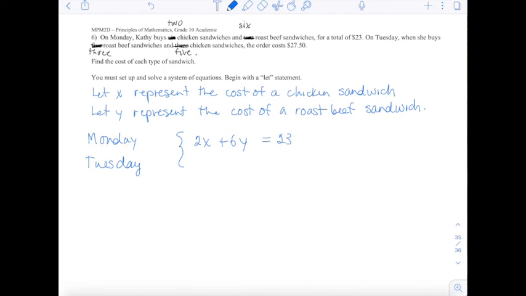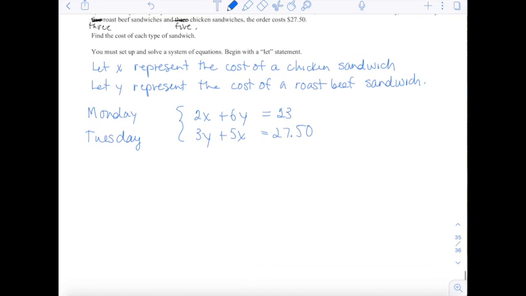On Tuesday, we had 3y plus 5x equals $27.50. And we can see that we're going to have to rewrite this system because we want to line up the x's and y's and equal signs and constants. So we've got 5x plus 3y equals $27.50. So I'm going to take 1 and copy and paste it. I'm going to take 2 and multiply that by -2, and this should work out.